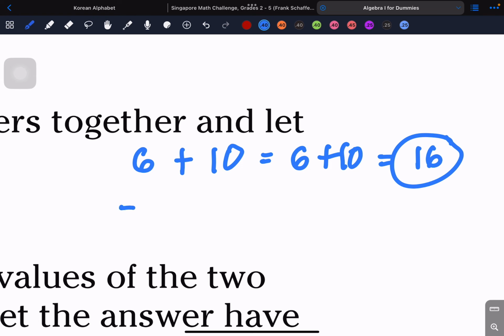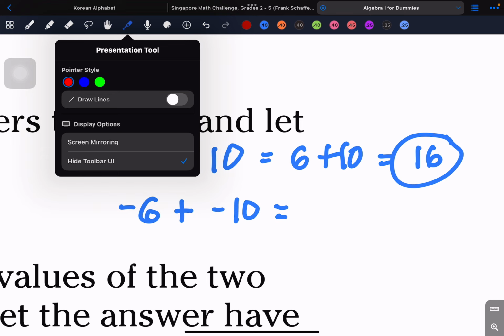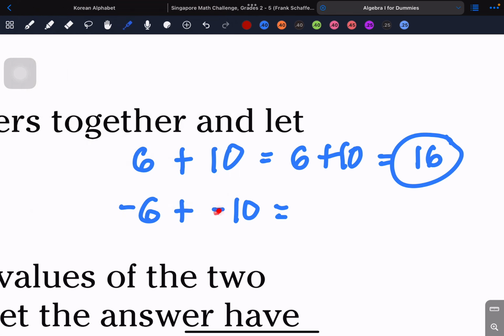Pero pag ginawa natin negative 6 plus negative 10, ang gagawin mo, since both silang negative, ayun na, negative, kunin mo yung negative sign, tapos ipag-add mo yung absolute value ng negative 6 at ng negative 10.